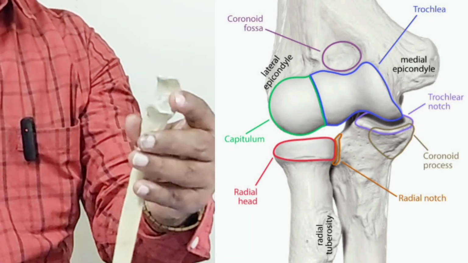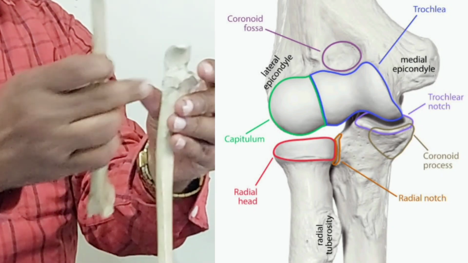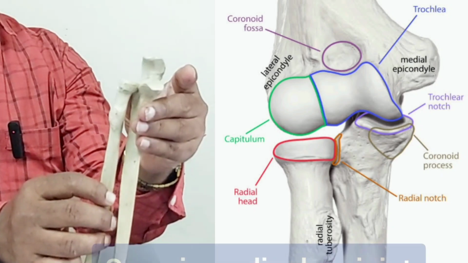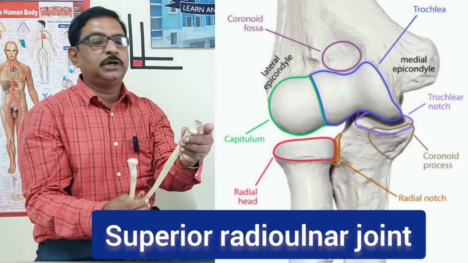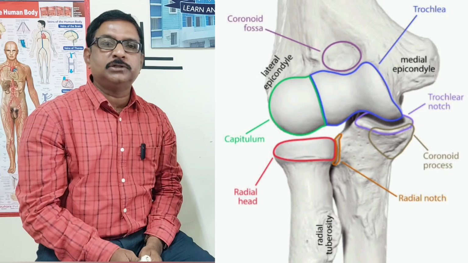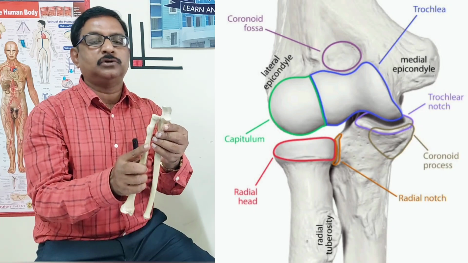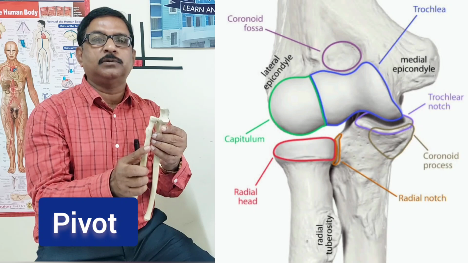This is the ulna and this is the radius. This joint is called the superior radioulnar joint. Both the radiohumeral joint and the superior radioulnar joint are synovial joints, but the elbow joint is a hinge joint and the superior radioulnar joint is a pivot type of synovial joint.